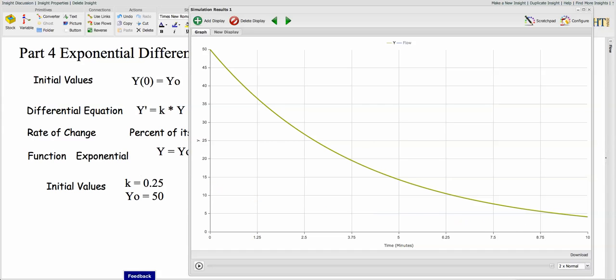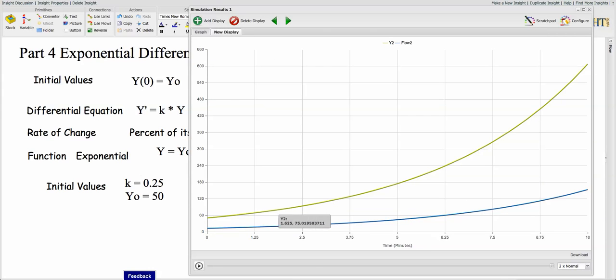So the flow is this blue line here. And this is y. So that's when the flow is going out of, so there's an exponential decay.